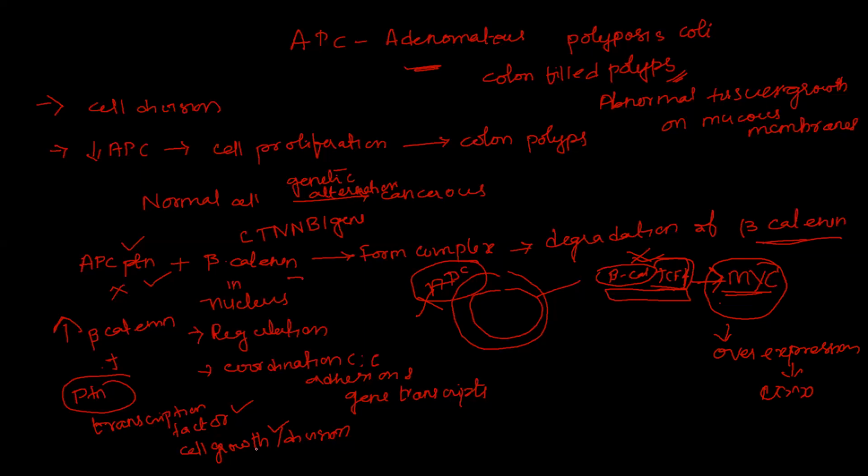Now researchers have found that in the case of colon cancer, when they introduced normal APC proteins, there was a decrease in the tumor cell growth.